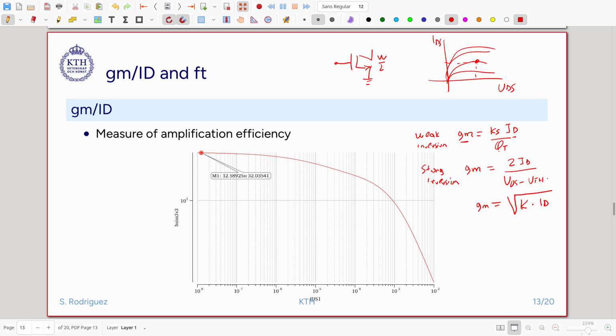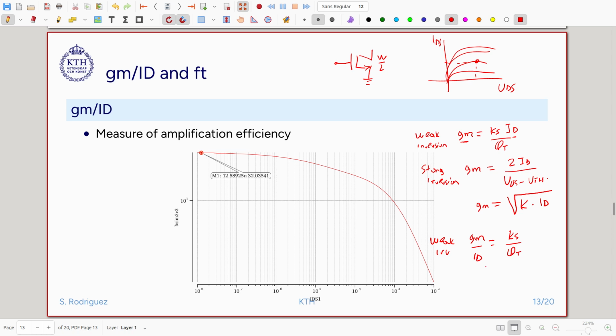So we can create a figure of merit that relates the transconductance and the current, to see which amount of current I will want to put in my amplifier. When we divide gm by ID, for weak inversion it is very simple because it is just Ks divided by the thermal voltage.